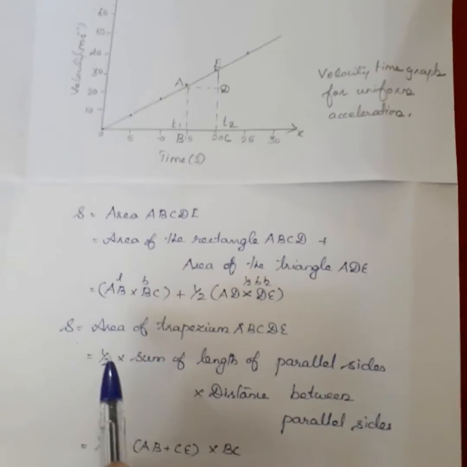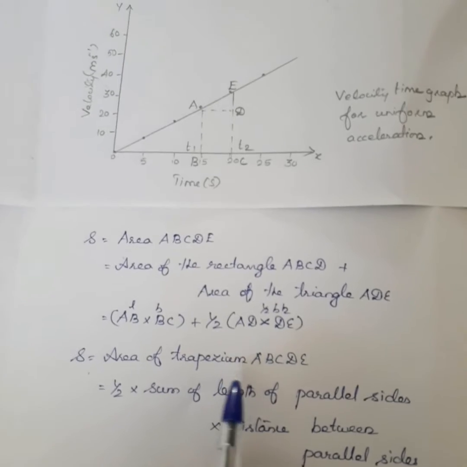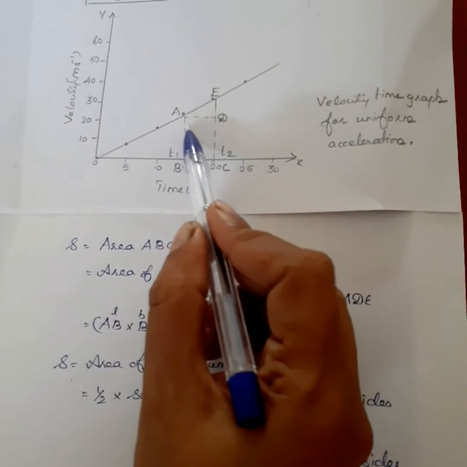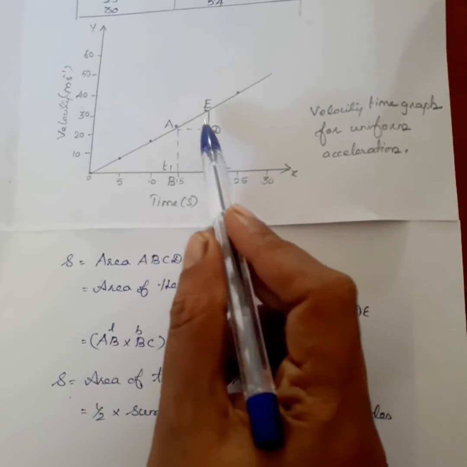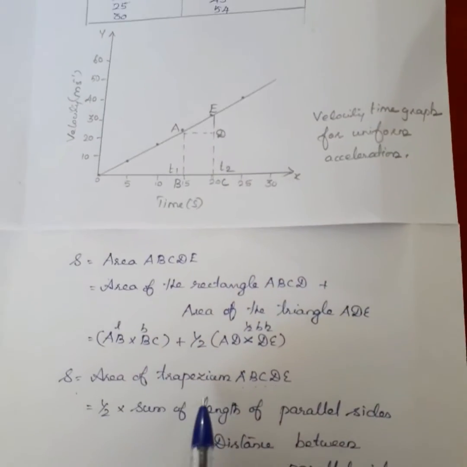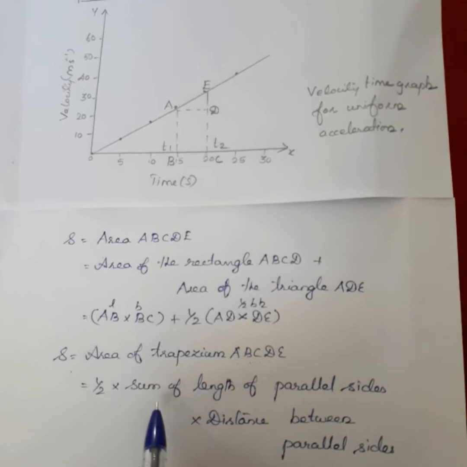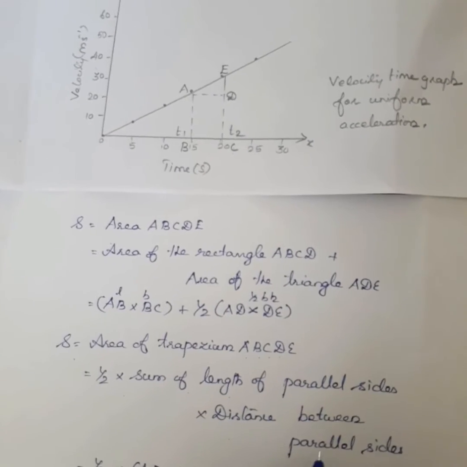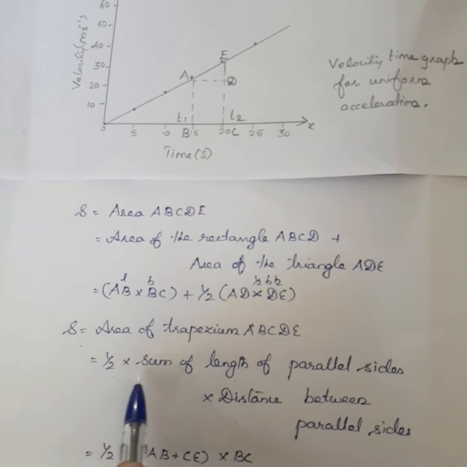S is equal to area of trapezium ABCDE. Area of trapezium formula is half into sum of length of parallel sides into distance between parallel sides.